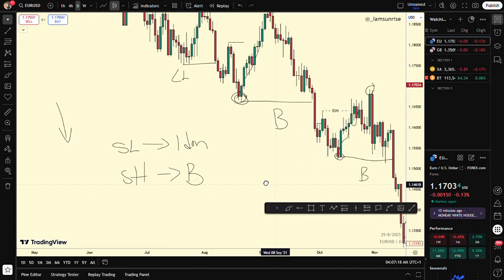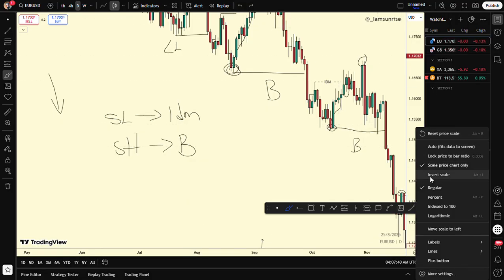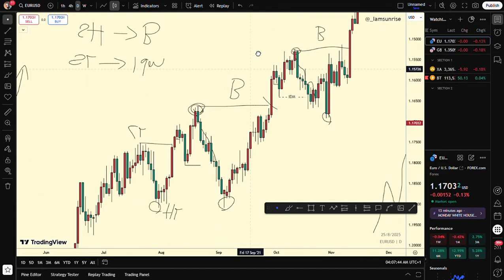Now for the uptrend, let me inverse it. If I inverse it, then you will follow up. Correct? I think this is better.